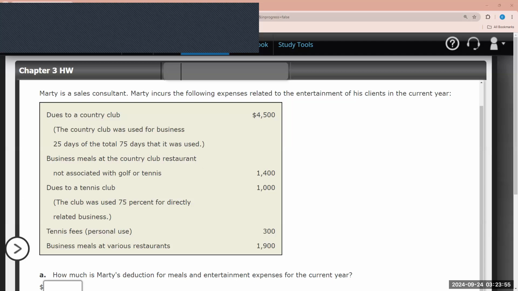The country club was used for business 25 days of the total 75 days that it was used. Business meals at the country club restaurant not associated with golf or tennis. Dues to a tennis club. The club was used 75% for directly related business. Tennis fees for personal use. And business meals at various restaurants.